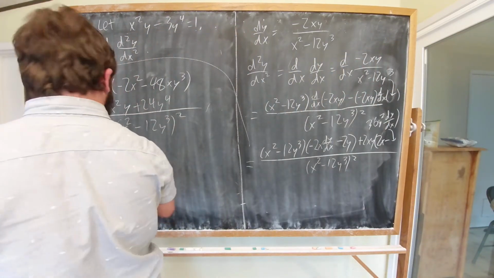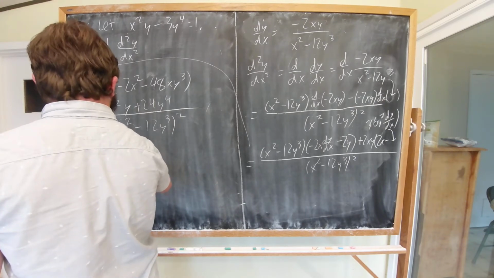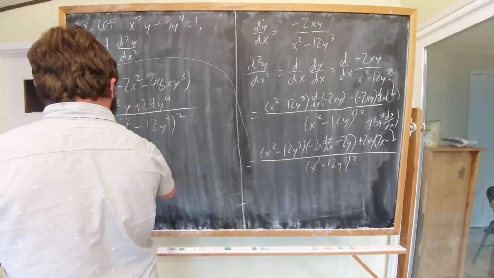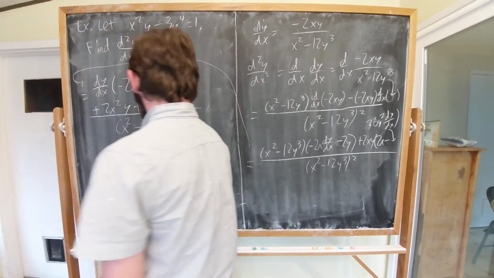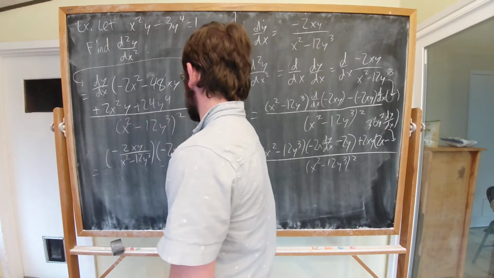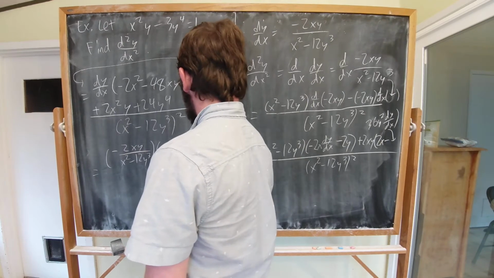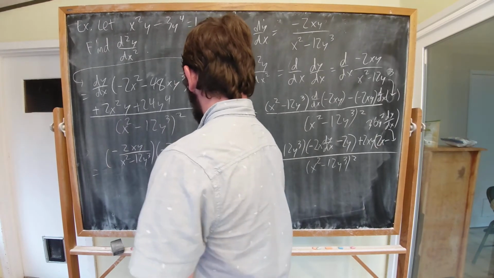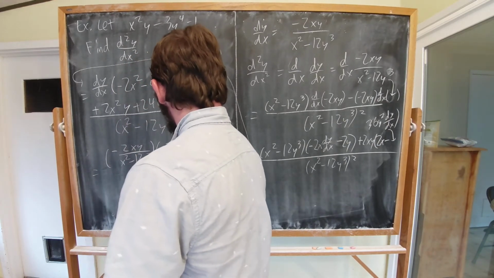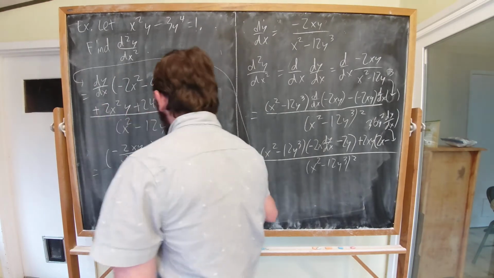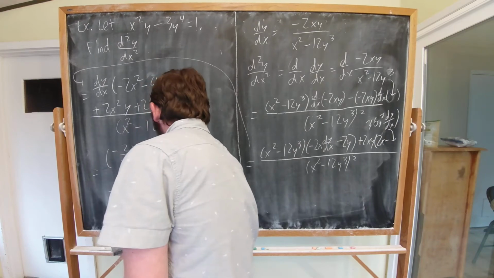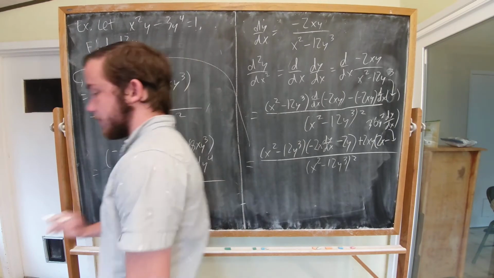This is equal to negative 2xy divided by x squared minus 12y cubed times negative 2x squared minus 48xy cubed plus 2x squared y plus 24y to the fourth, all divided by x squared minus 12y cubed, all squared.